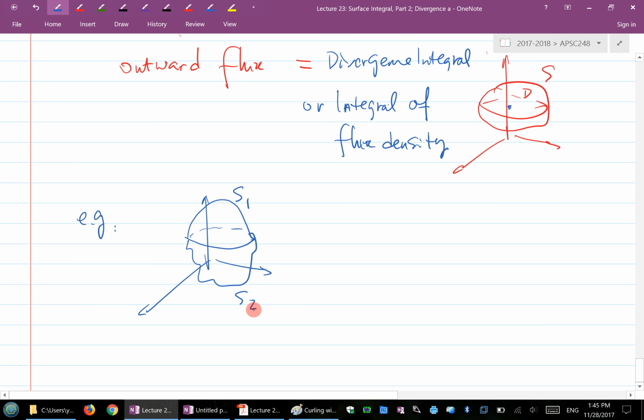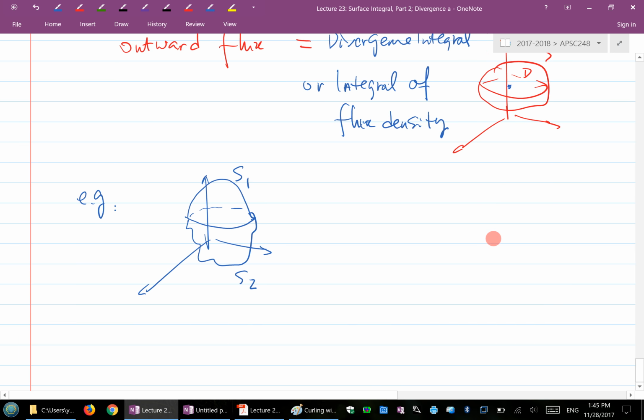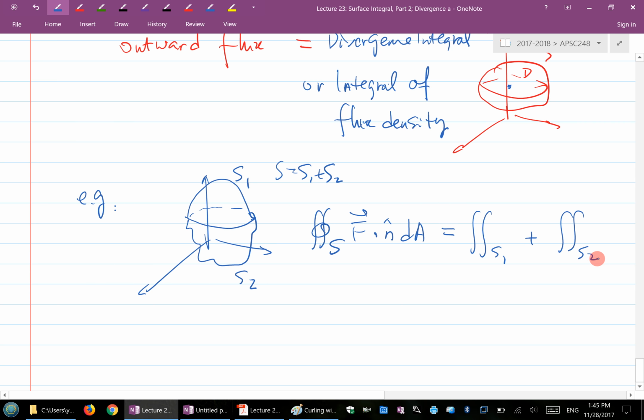Then S equals S1 plus S2. If you're going to evaluate this surface integral and you're only looking at this side, then you're going to have to do a piecewise integration over S1 and S2, and add them together.